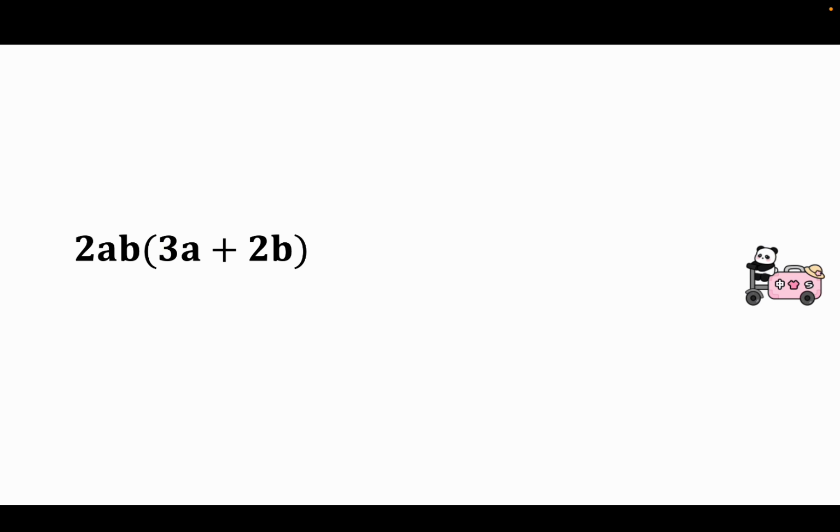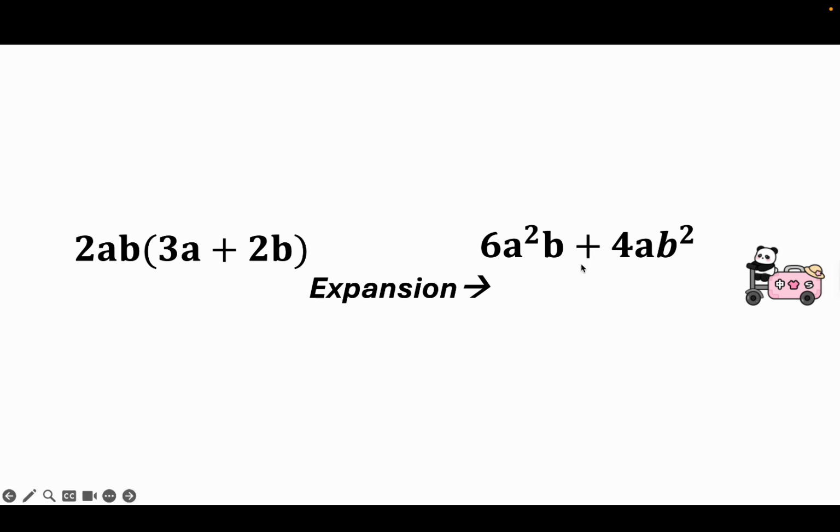Another example, we have learned how to expand the expression by multiplying whatever's outside the bracket with every single thing inside the bracket. This is what we call expansion, and we get something that looks like this.